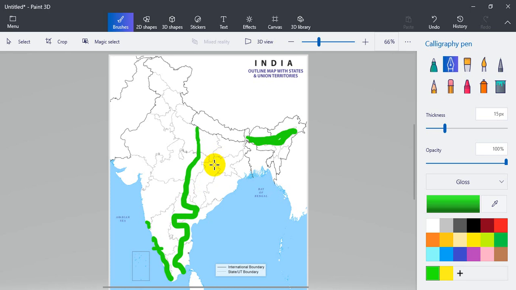I am pointing out with a very fine line the area where cultivation is not there for rice. Why is the cultivation not there? Because it has become a bit thicker, it is narrow. You can follow the NCERT book.